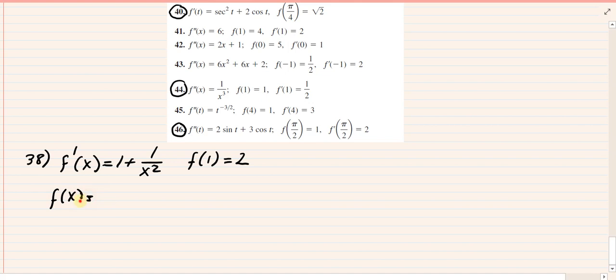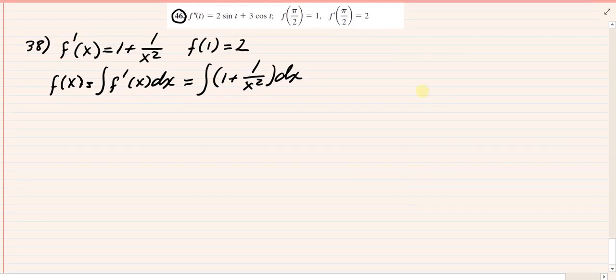So f of x, by definition of antiderivative, is going to be the integral of f prime x dx. In other words, the antiderivative of this function is what the original function is going to be. Now, to find this integral, I have to find the integral of 1 plus 1 over x squared dx.